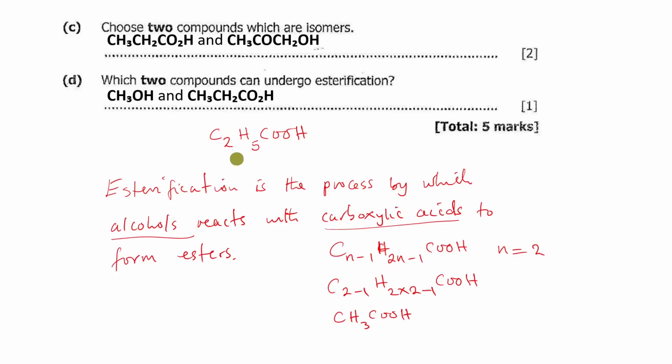Has it become that one? No. We'll try n is equal to 3. So I'll solve from here. n is equal to 3. I'll say C, 3 minus 1, H, 2 times 3 minus 1, COOH. Then 3 minus 1, 2, so I'll put C2. Then 2 times 3, 6 minus 1, 5, H5. Then COOH.